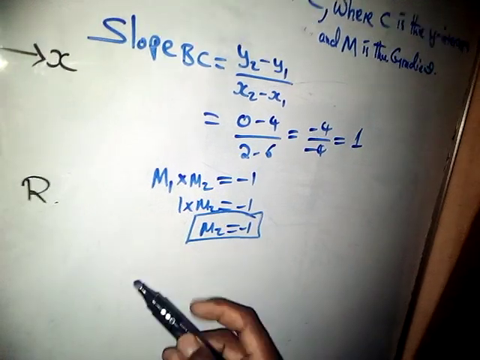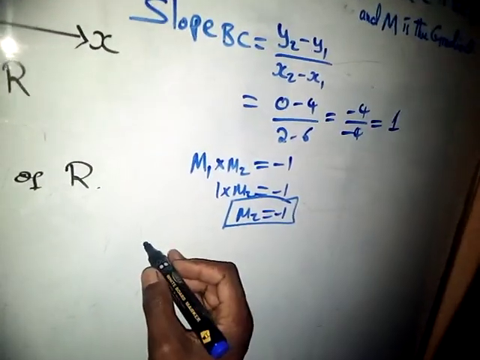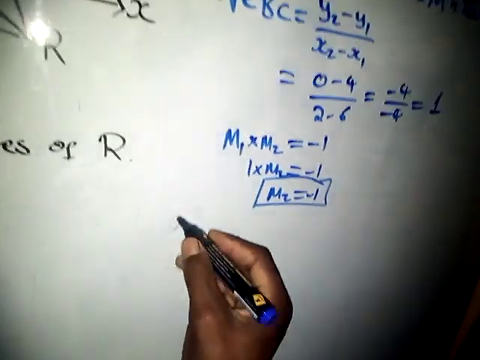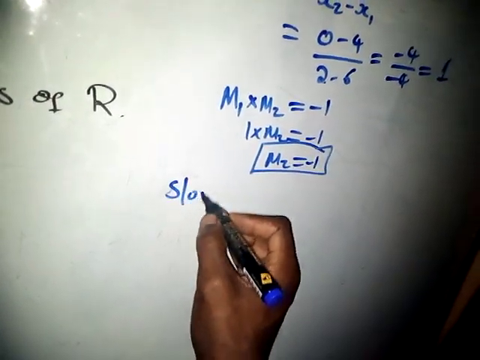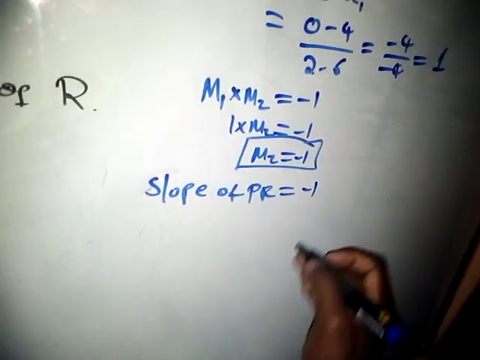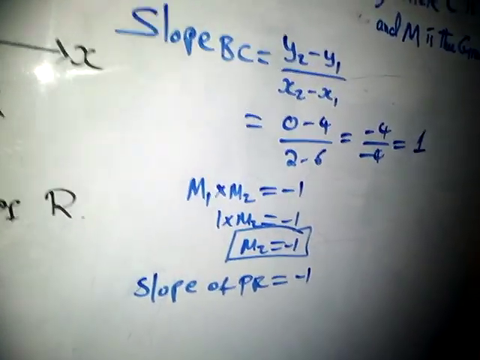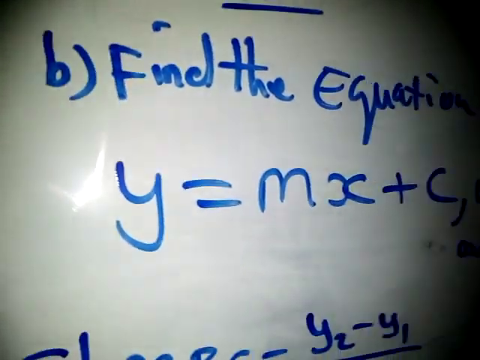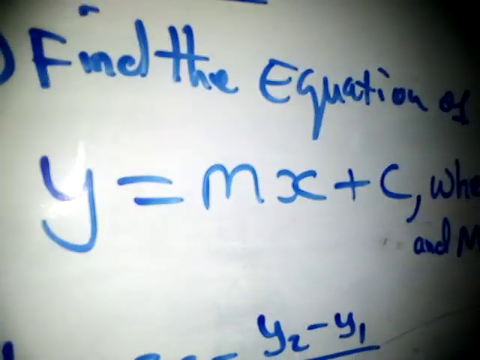So in this case, the gradient, or slope, of PR equals minus 1. Remember the formula is right here. So we now know what M is, but we do not know what C is.